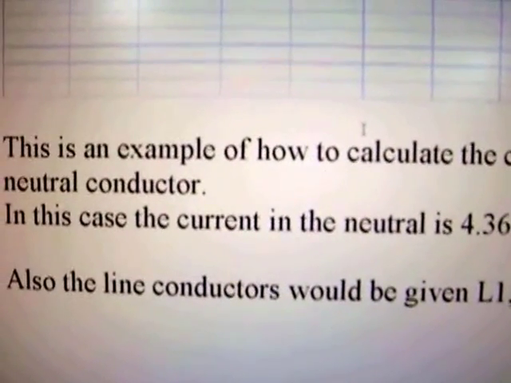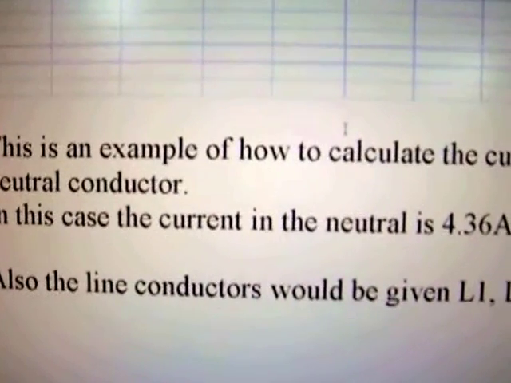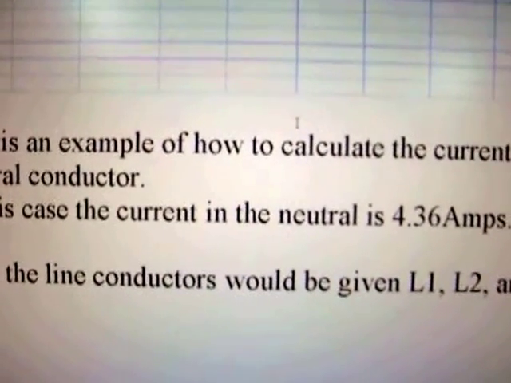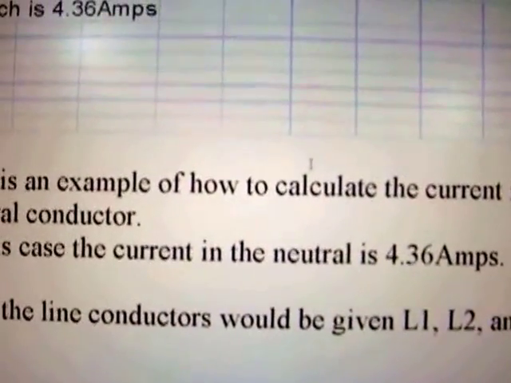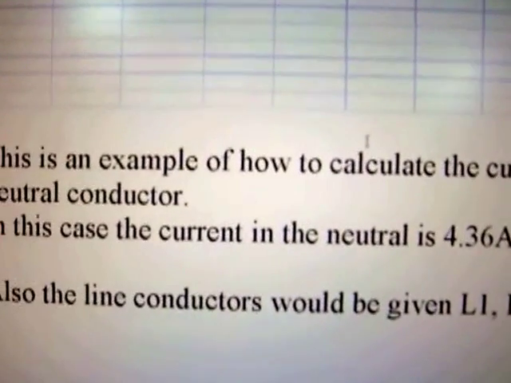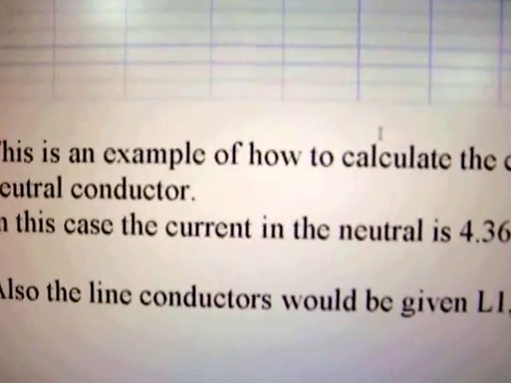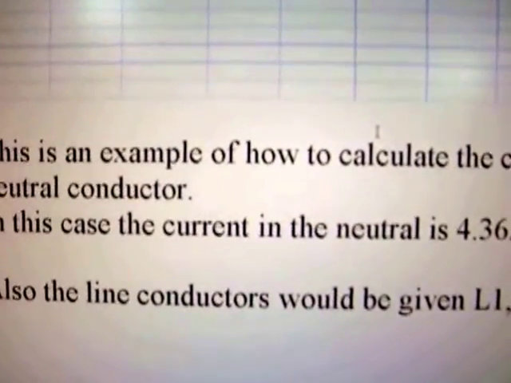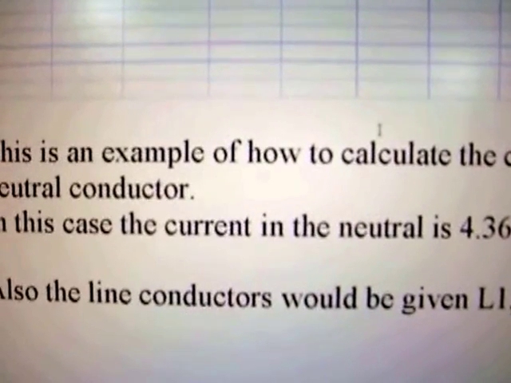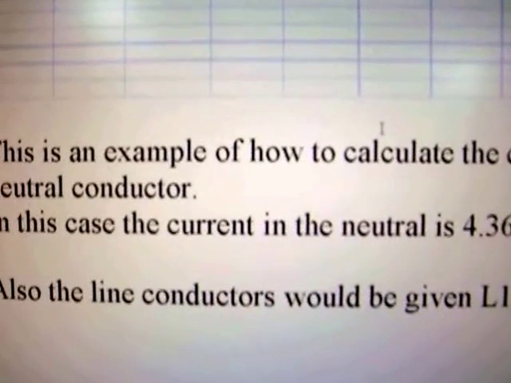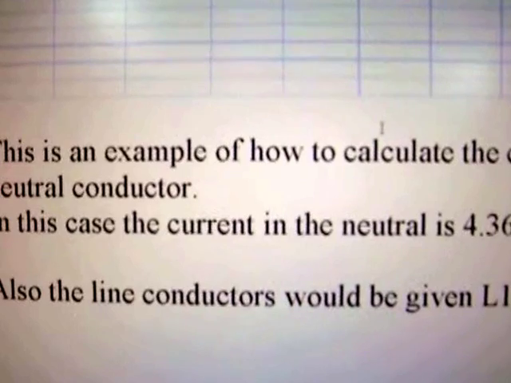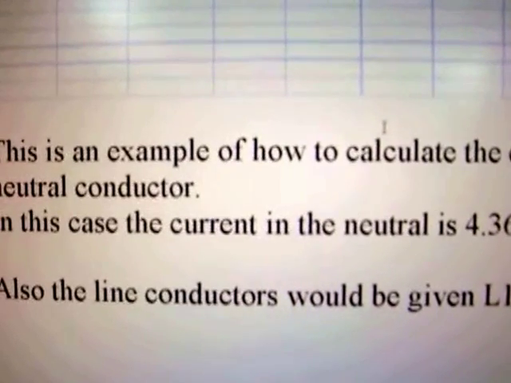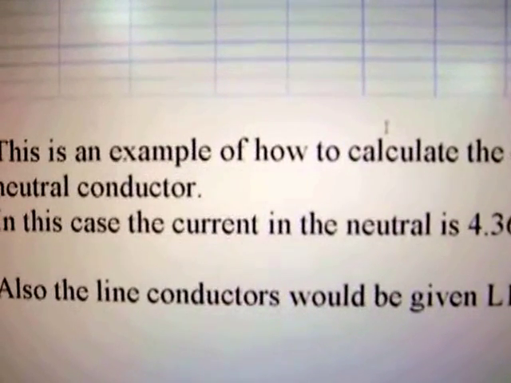There are some examples I have of these, but I may put that on a little bit later. Please remember that you can begin to look up more calculations in regards to electrical principles. There are some good books on that as well, showing the calculations for the current in the neutral.